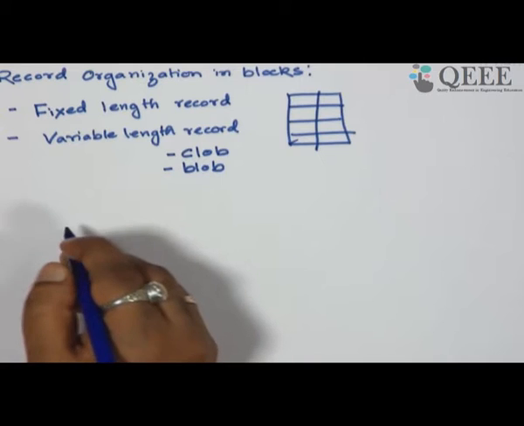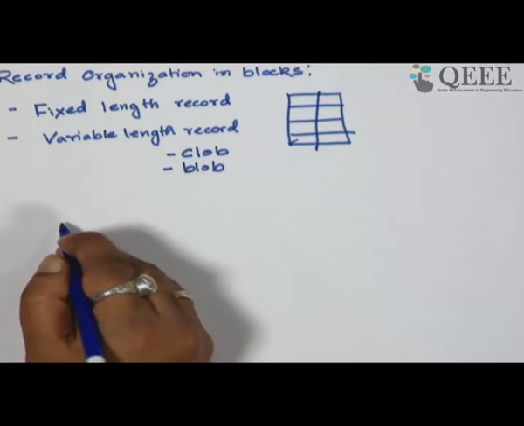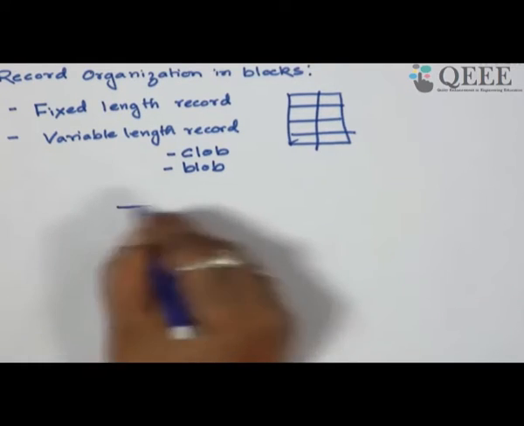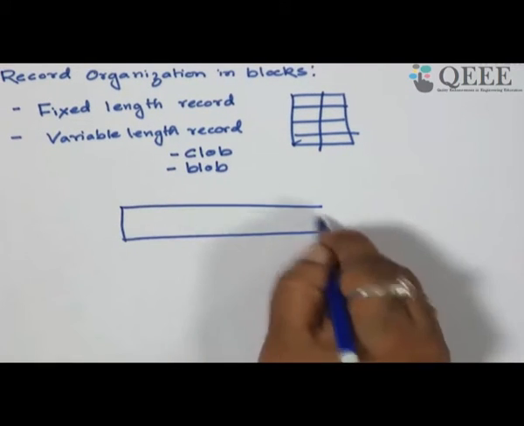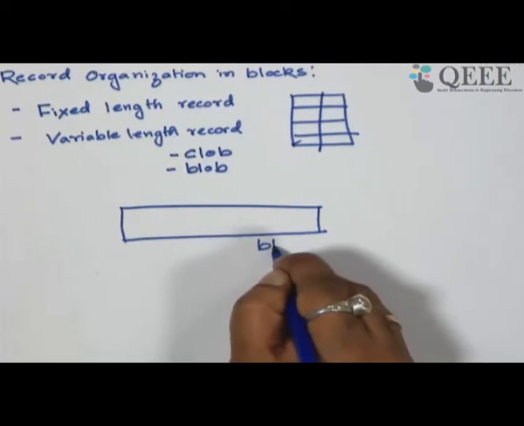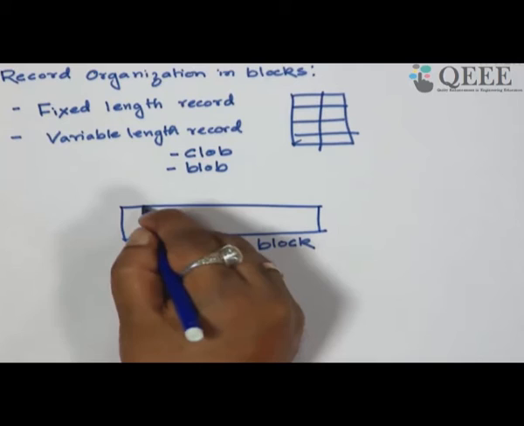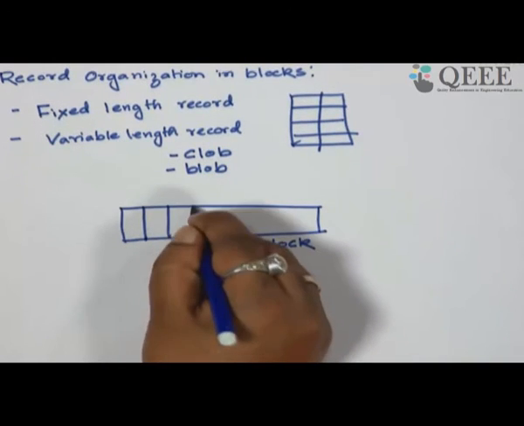It is very simple. What you actually do is that in your block, so suppose this is your block, you just store your records one after the other.